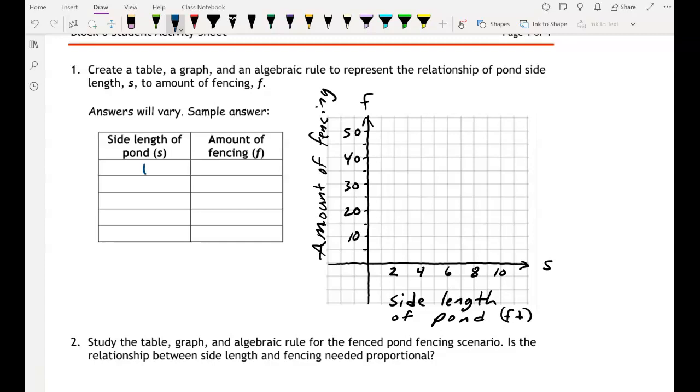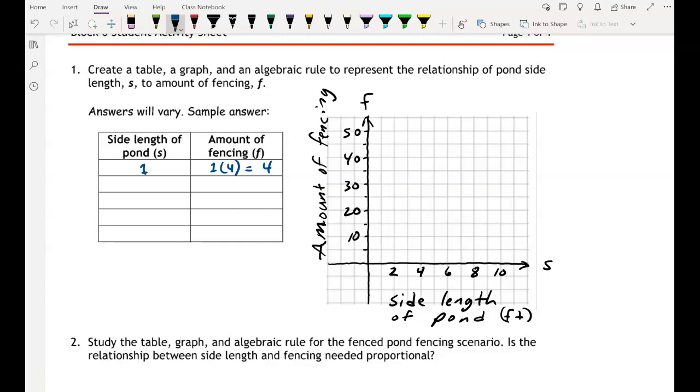How much fencing would we need? Well, we're going to need a foot of fencing on each side because it's 1 foot per side of the pond. Now that's a mighty small pond, but we would need 1 foot of fencing times 4 sides, and that's going to equal 4 total feet of fencing.